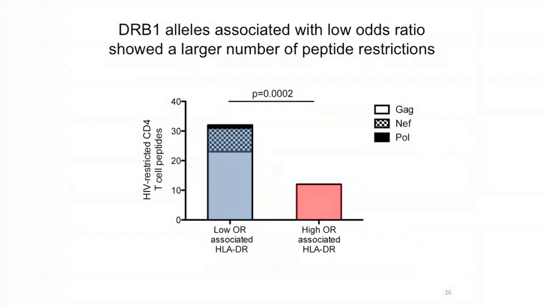So both are independent cohorts, and we saw an independent effect of the function of the CD4 T cell responses with the protein specificity and with the different HLA-DR alleles.